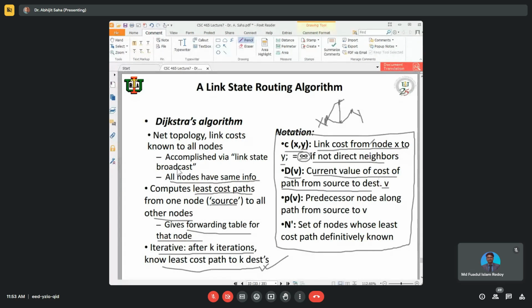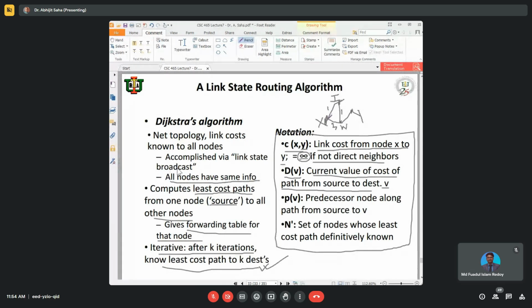For example, say the current cost of x to w is 3, and say the other link costs are 1 and 1. First of all, x is going to count these two nodes, i and w.